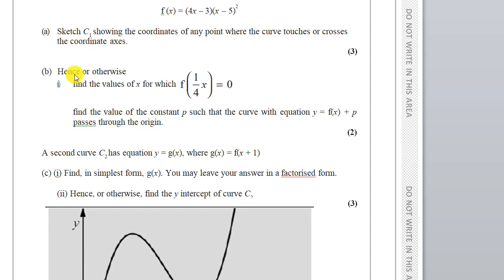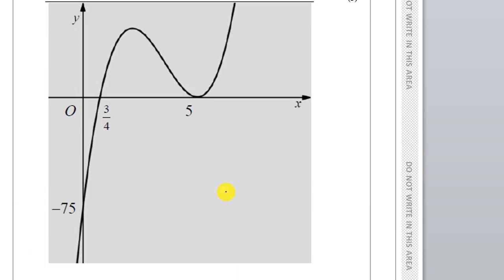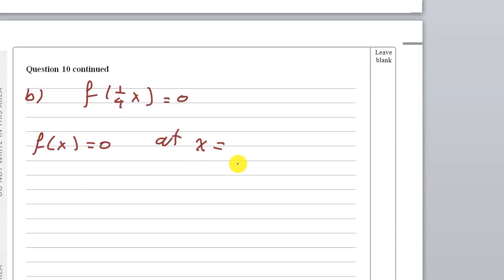Now, hence or otherwise, find the value of x for which f of 1 over 4 x is equal to 0. So f of x is equal to 0 at x equal to 3 over 4 and 5.